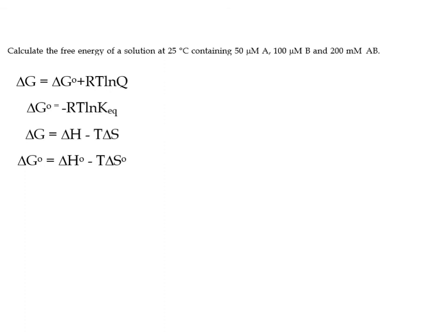So what we have here is calculate the free energy of a solution at 25 Celsius containing 50 micromolar A. Now a micromolar is 10 to the negative 6 molar A. 100 micromolar B, let's write our equation down just because you don't want to forget it. 100 micromolar B, so again, micromolar is 10 to the negative 6, it's 1/1,000,000th of a molar. And 200 millimolar AB, millimolar is 10 to the negative 3 molar.